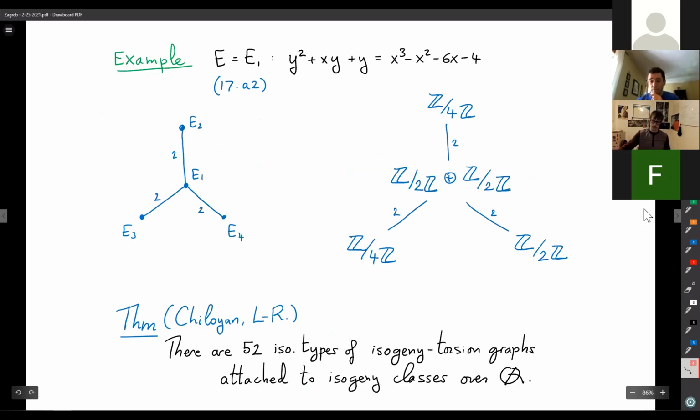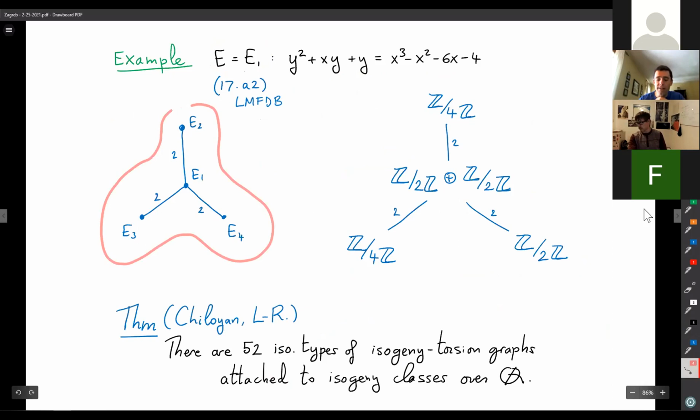And so more explicitly, here's an example. If you take E to be the curve with LMFDB label 17A2, which is given by this Weierstrass equation, that elliptic curve has this isogeny class.